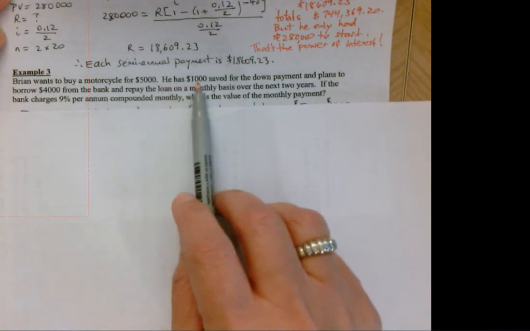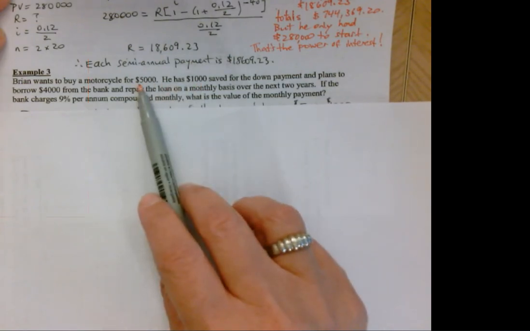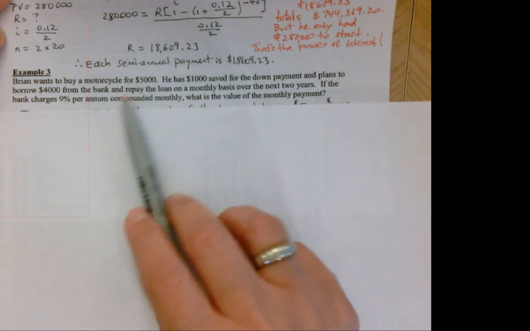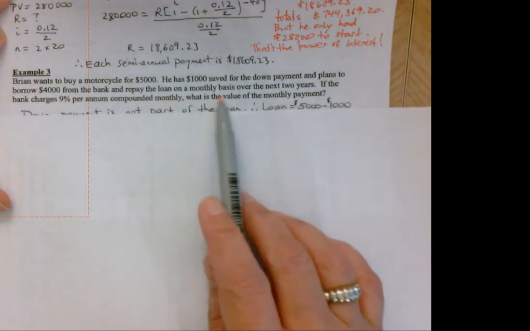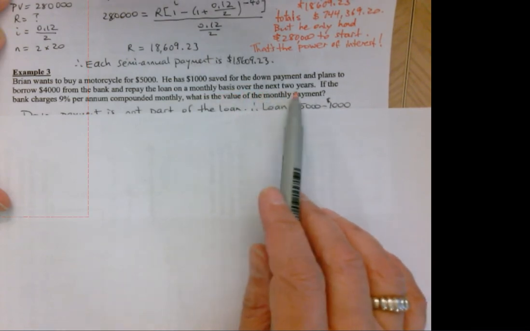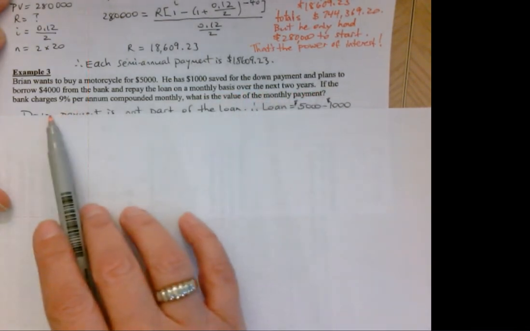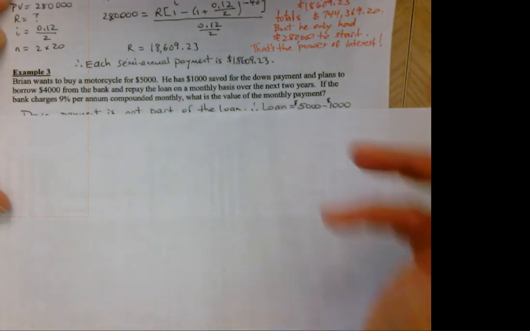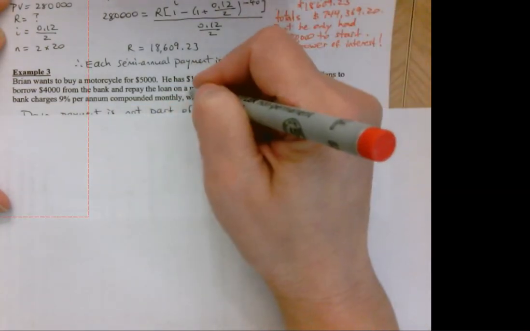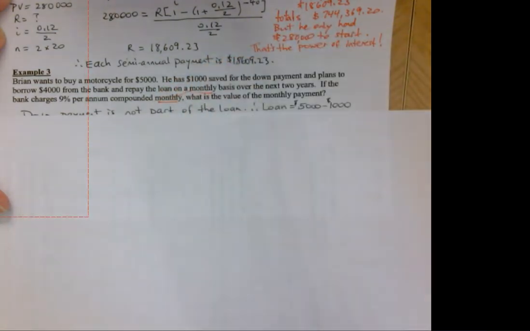So he's giving the store $1,000, but now he has to borrow the rest, the $4,000, from the bank. He's going to repay the loan on a monthly basis over the next 2 years. The bank is charging 9% per annum compounded monthly. Remember that the compounding and the payments always match. Whenever you're compounding, that's also when you make the payment.